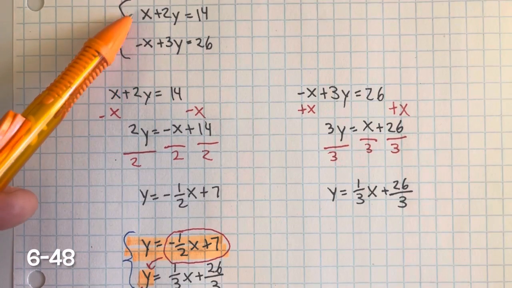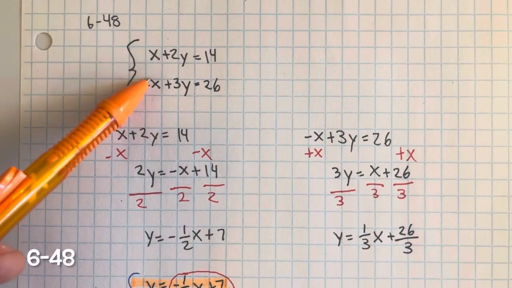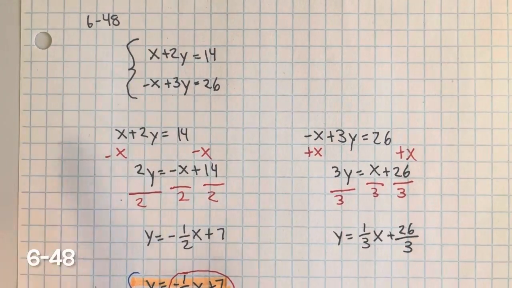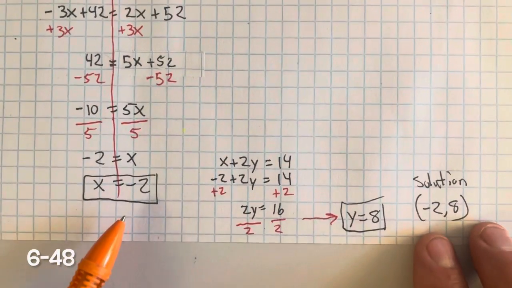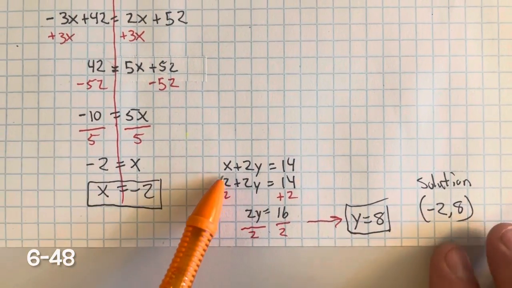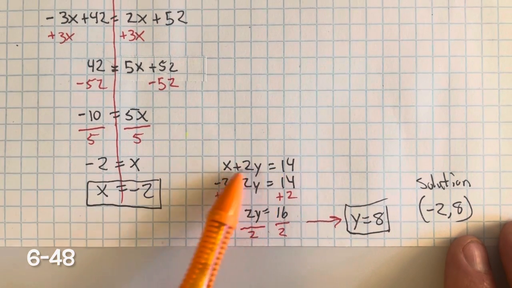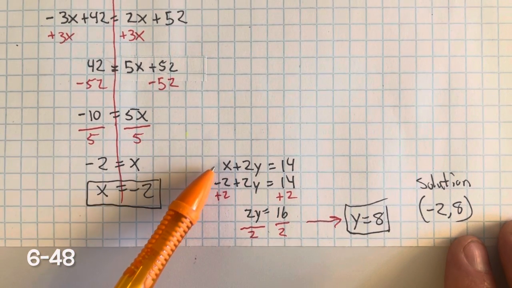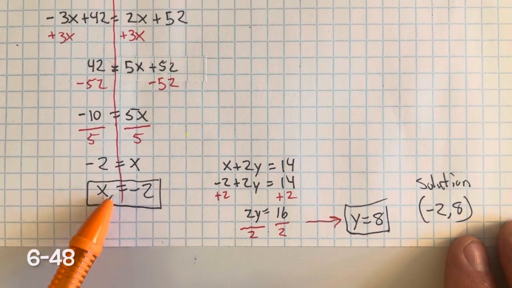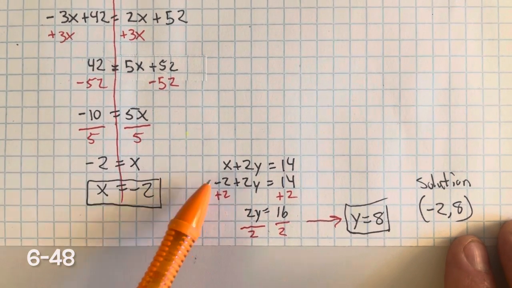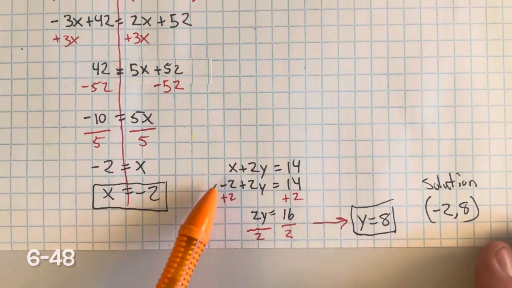And I'm going to go ahead and plug it back into this first equation, x plus 2y equals 14. So here we have x equals negative 2. Here's the equation that I chose. And again, it doesn't matter which one. So instead of x, we're going to substitute negative 2 because that's what x equals. And then now we're going to solve for y.